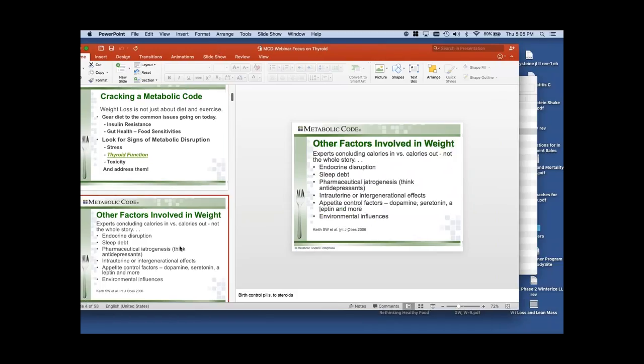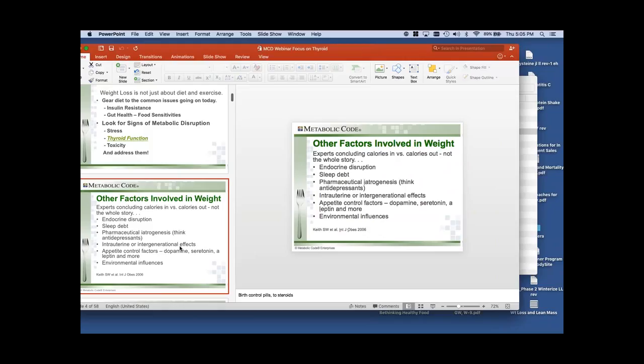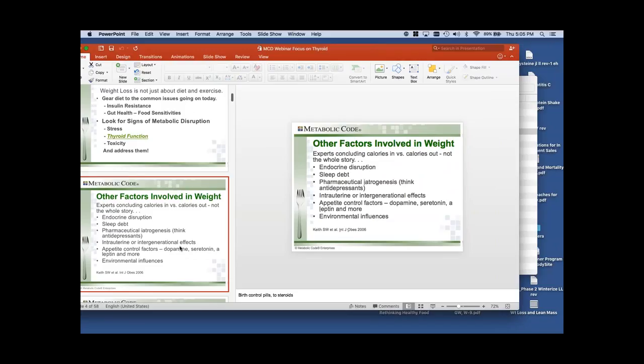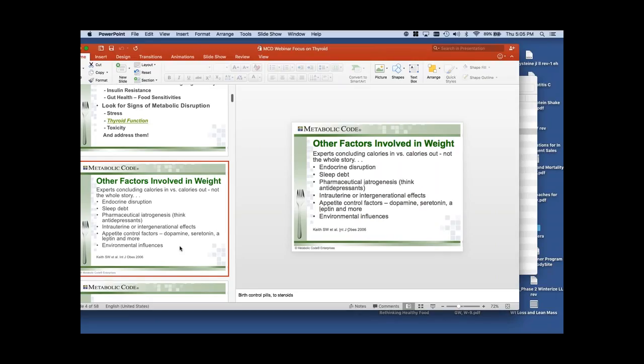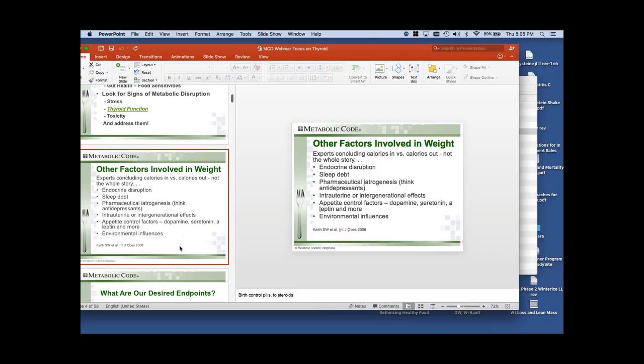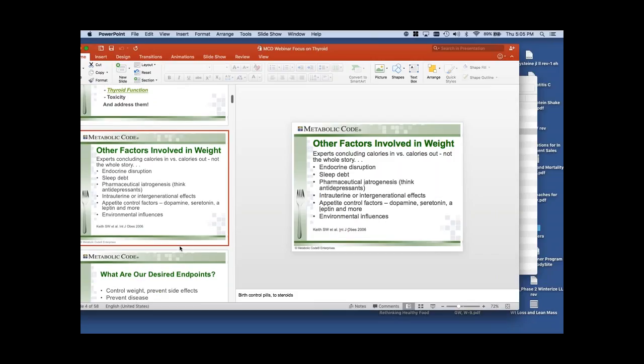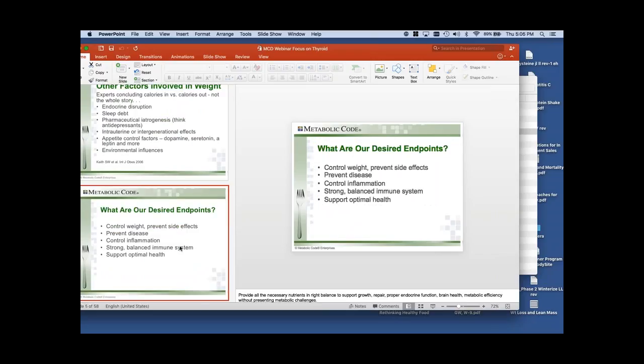It's nice because finally a few years ago, a consortium on obesity and weight management decided that it was time for everyone to start looking outside of the box and not just focusing on a calories consumed versus calories expended with exercise approach, that we need to look further at things like endocrine disruption, and of course thyroid is key for that. So with our diet, we're not just trying to take a fast, low-calorie way to control weight.